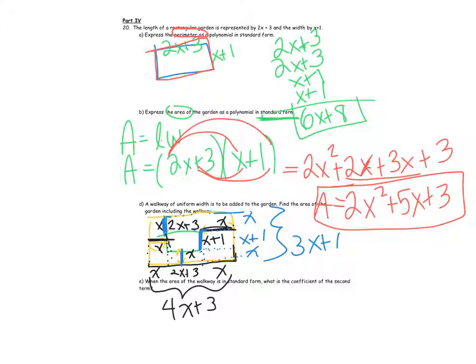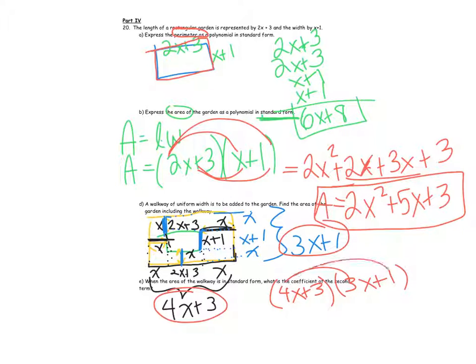So when I find the area of the garden, including the walkway, I'm going to multiply 4x plus 3 and 3x plus 1.